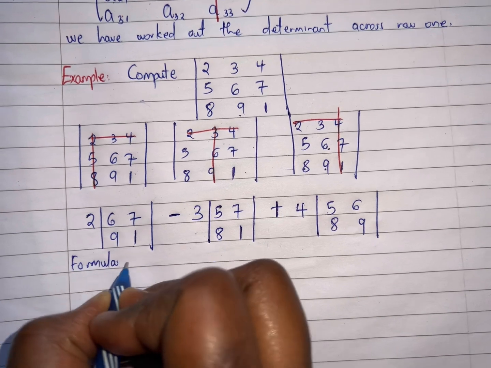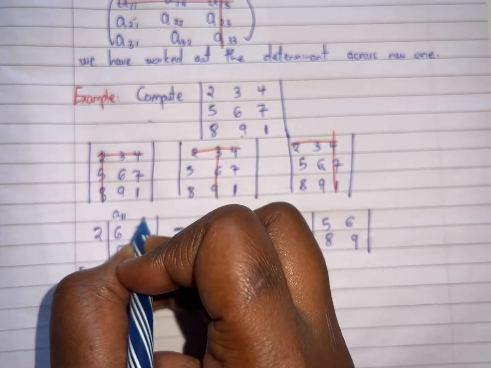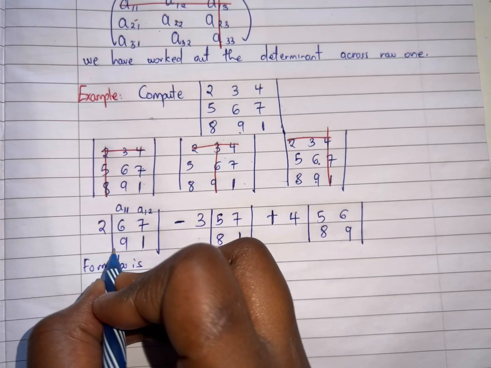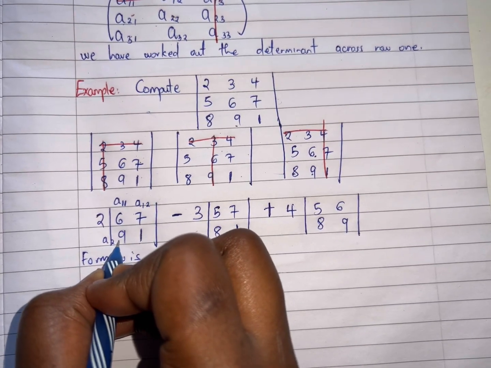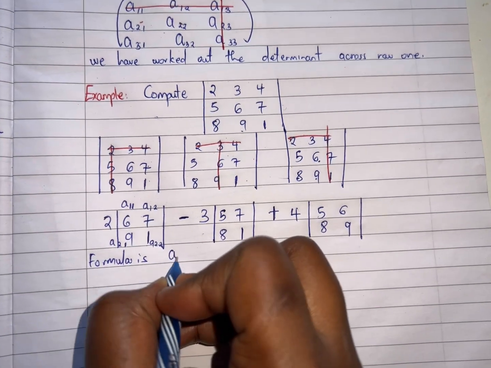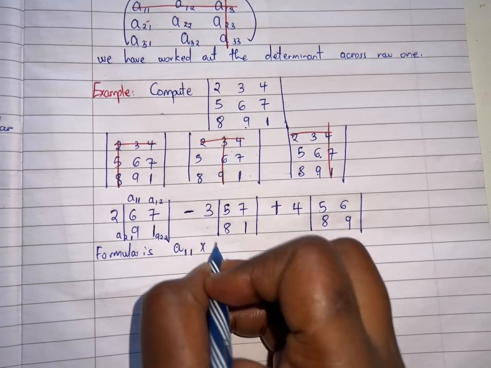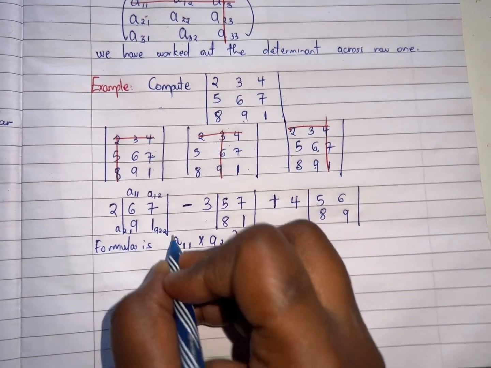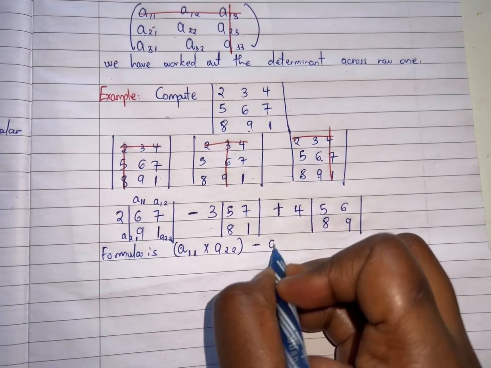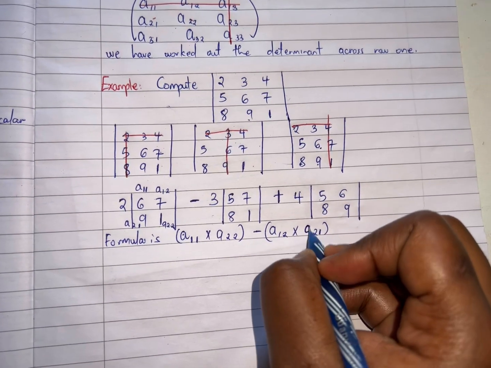So, formula: that is A11, A12, and that is A21 and A22. So, A11 times A22 minus A12 times A21.